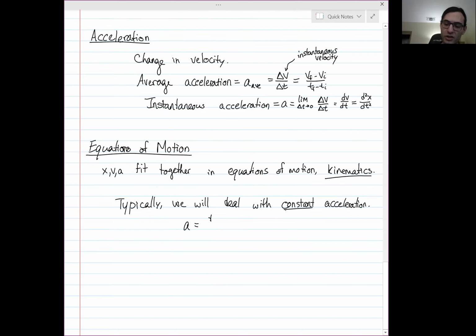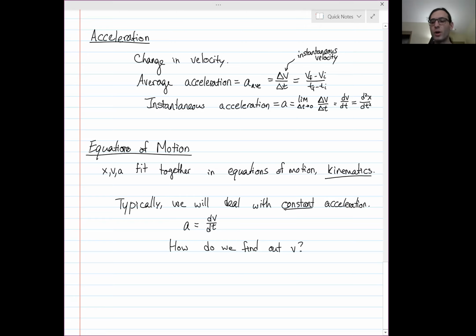So a is dv/dt. If you were given v as a function of time, you could find the acceleration by taking the derivative. But if you're just given the acceleration, how do you find the velocity?